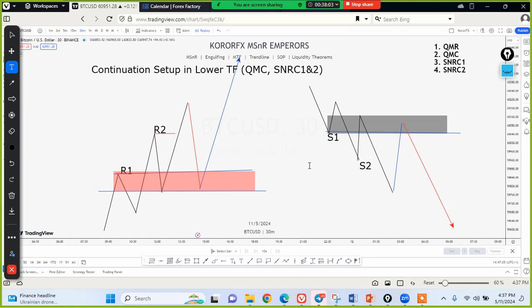So what you have to also remember is we will have what is called drop base drop in every setup, or rally base rally in all setups. So when it comes to buying setups, we always have what is called drop base rally. For example, in here price drops, then goes up, releases, and then bases, then again goes up, then releases, and then goes up, okay.